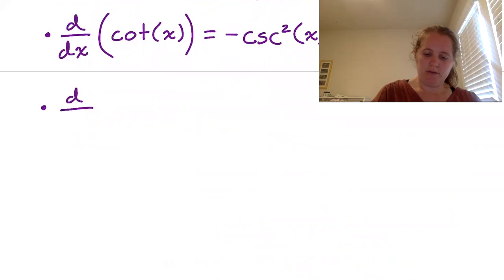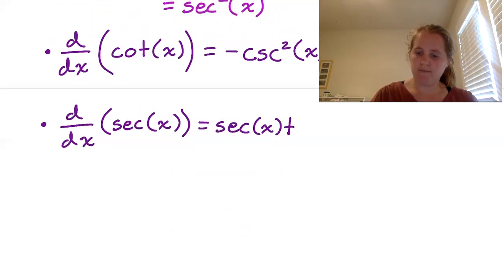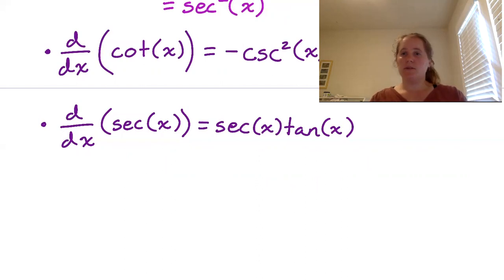The derivative of secant x actually winds up being secant x times tangent of x. Again, we could use the quotient rule.